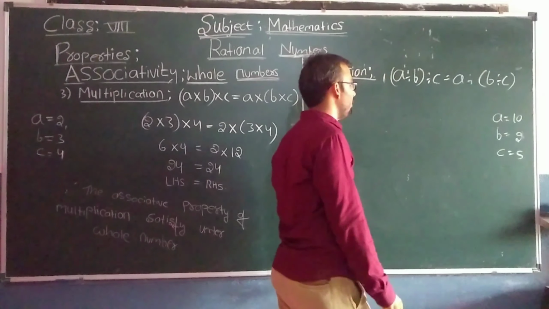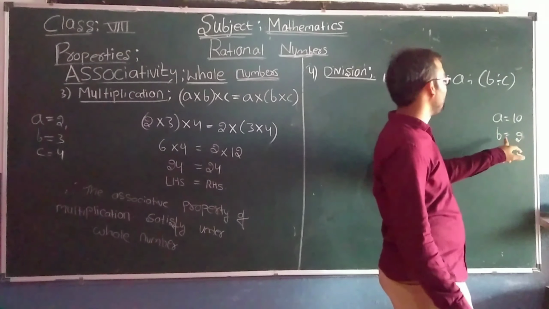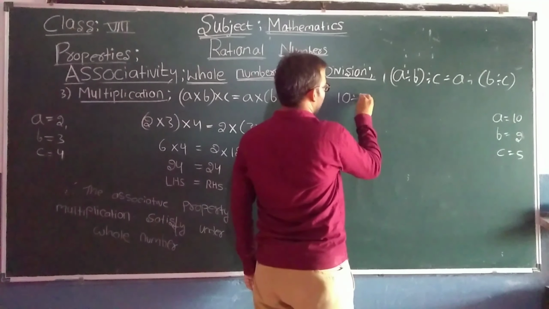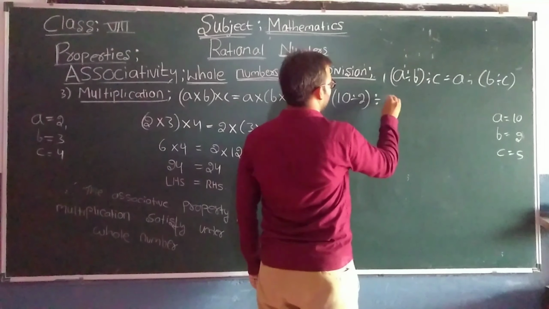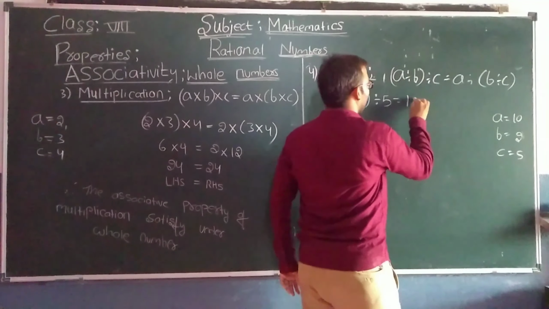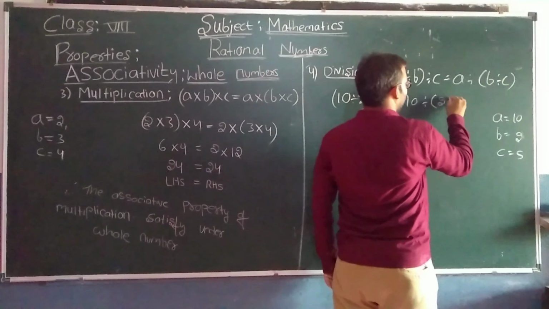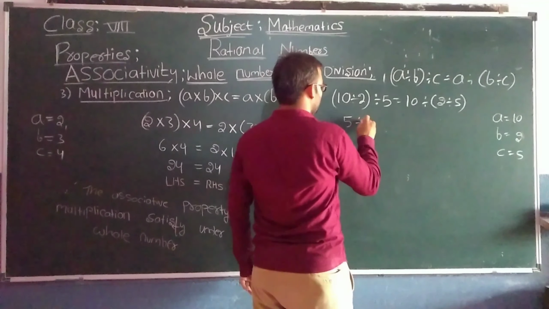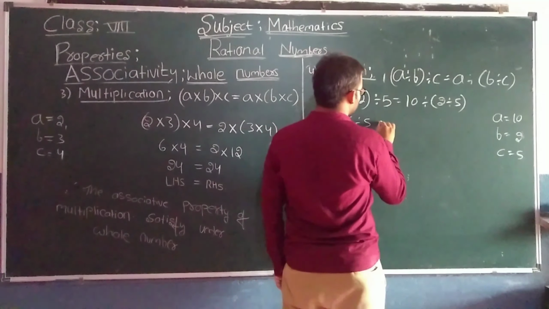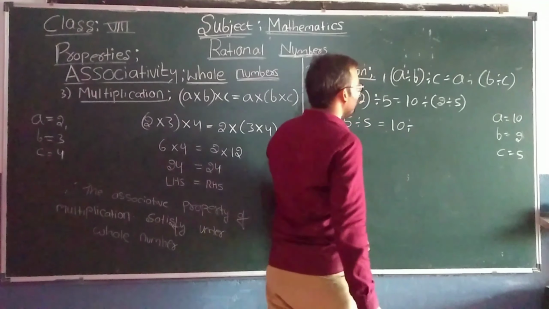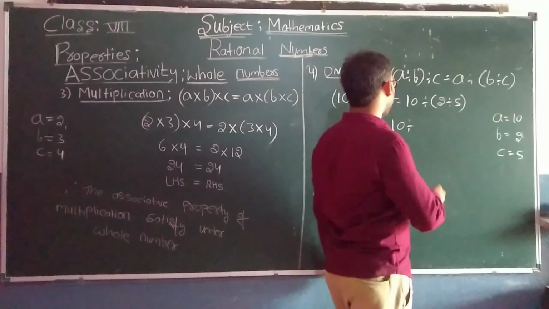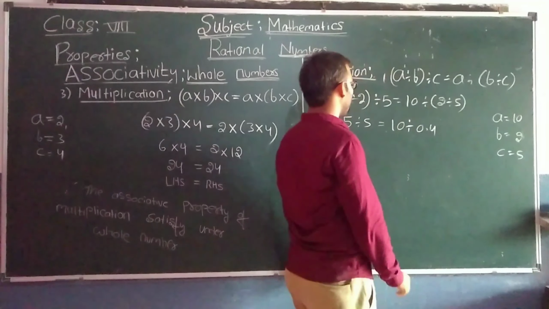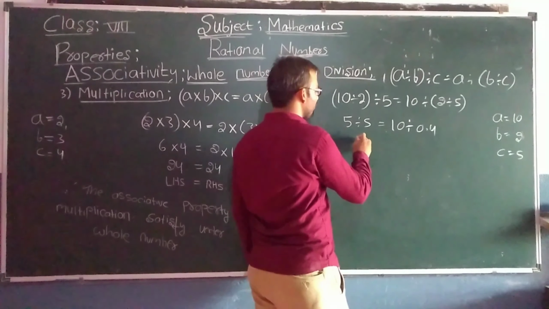Now put in: 10 divided by 2 divided by 5 equals 10 divided by 2 divided by 5. 10 divided by 2 is 5, and 5 divided by 5 is 1. On the other side, 2 divided by 5 is 0.4.